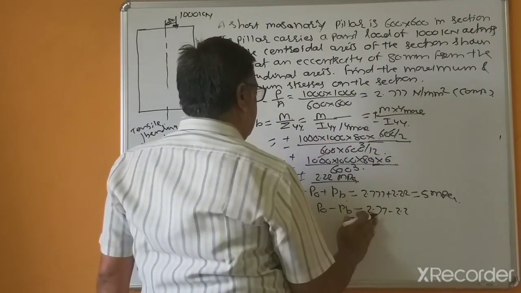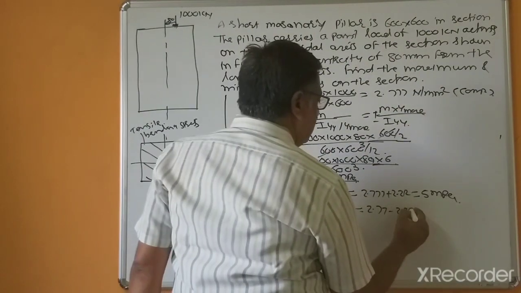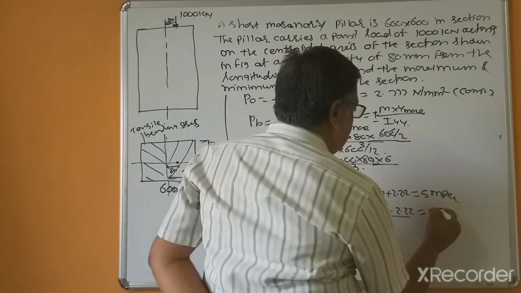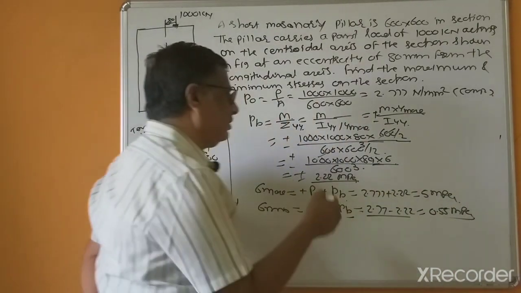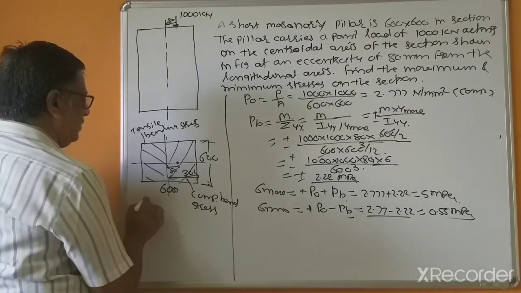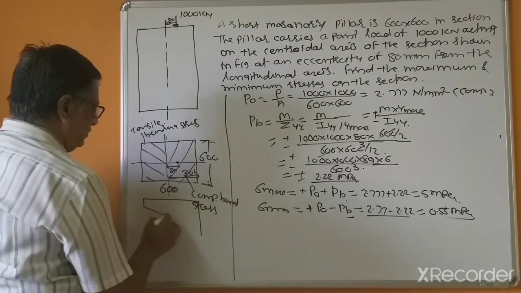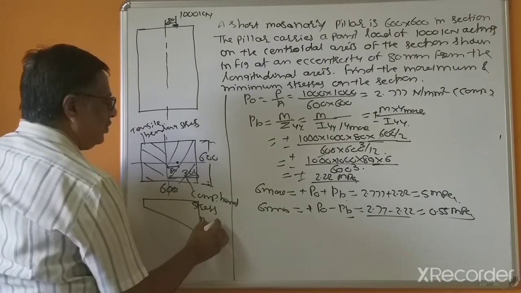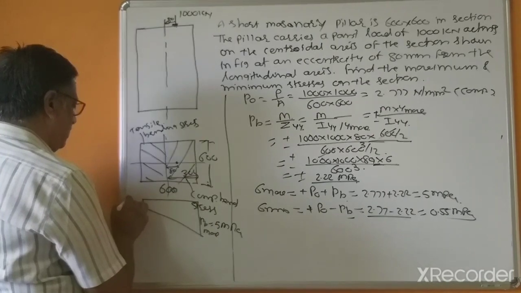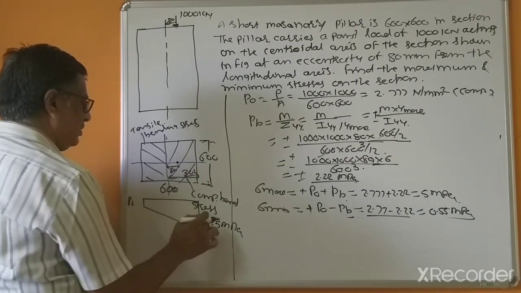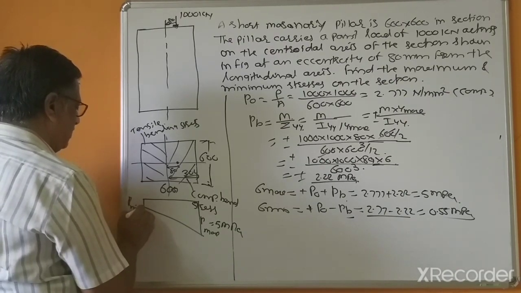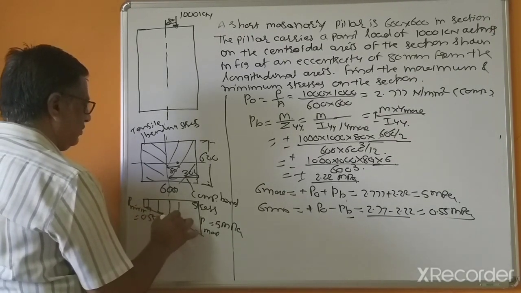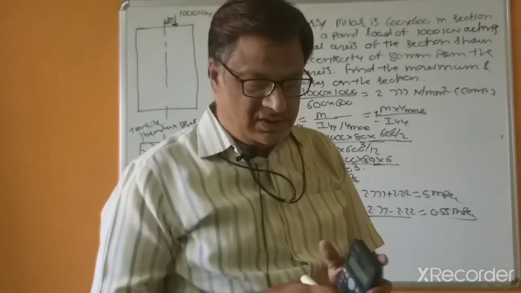This is equal to 0.55 megapascal, but all cases are positive, so that's why you can write Pmax equal to 5 megapascal, and minimum stress equal to 0.55 megapascal. This is your expected answer.